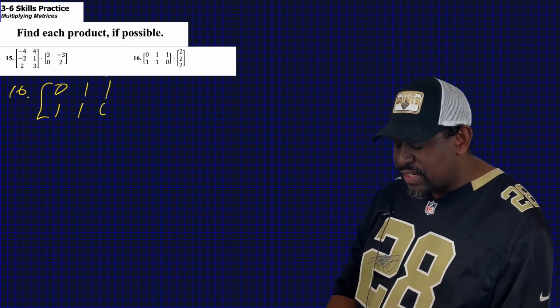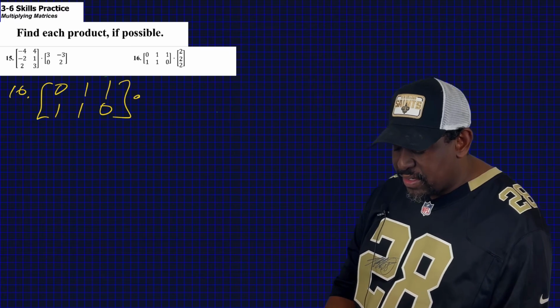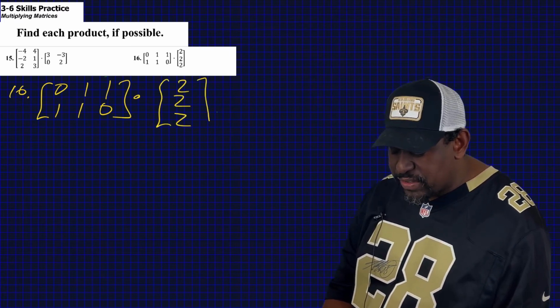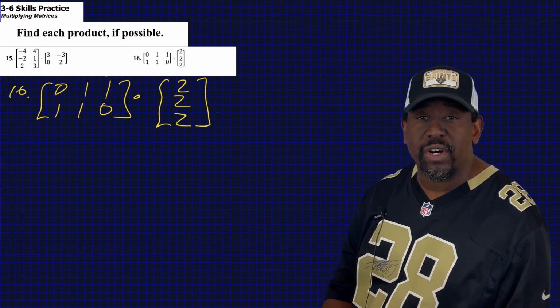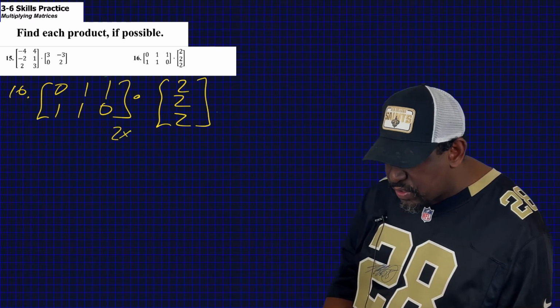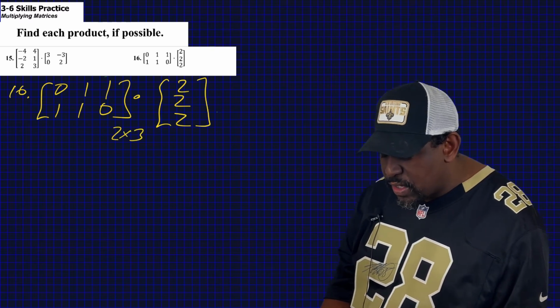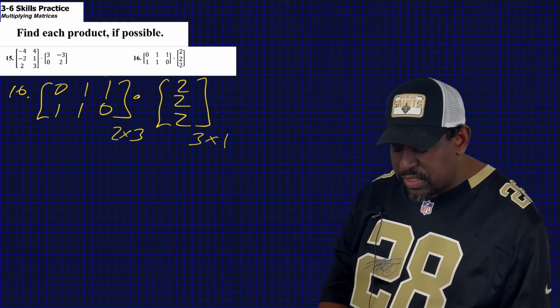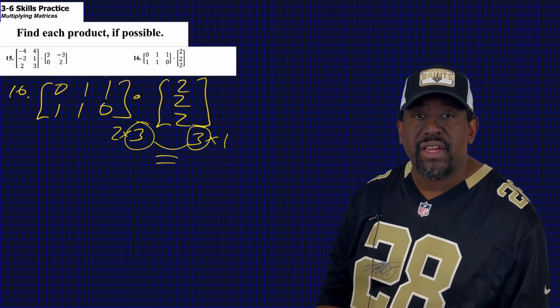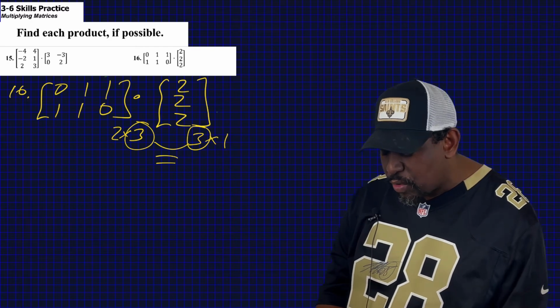So let's do number 16 here. We have a 2x3 matrix 0, 1, 1, 1, 1, 0, and a vertical matrix of 2, 2, and 2. So the first thing we have to do is write out dimensions. The first matrix is 2x3. The second matrix is a 3x1 matrix.